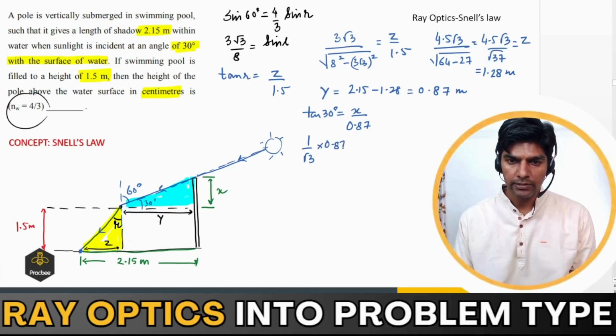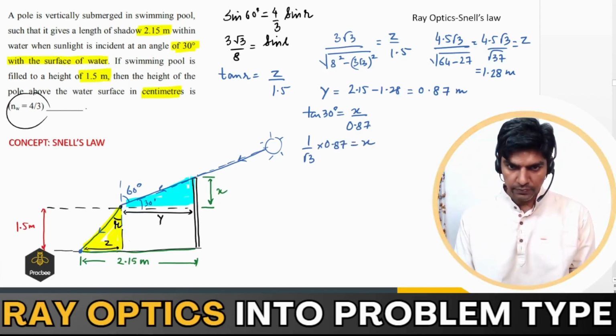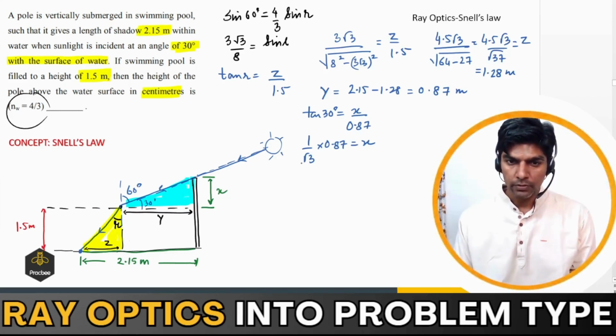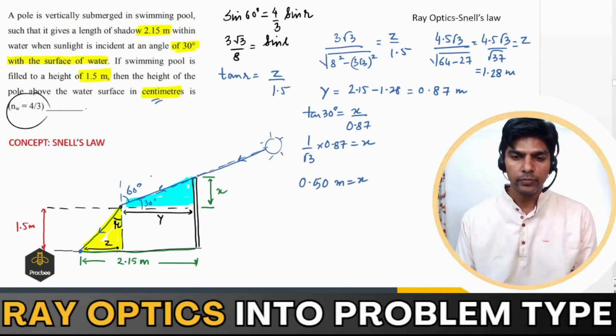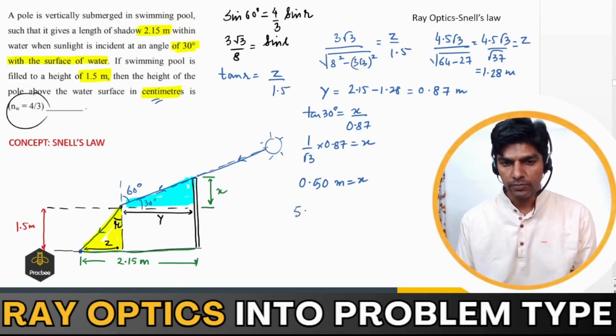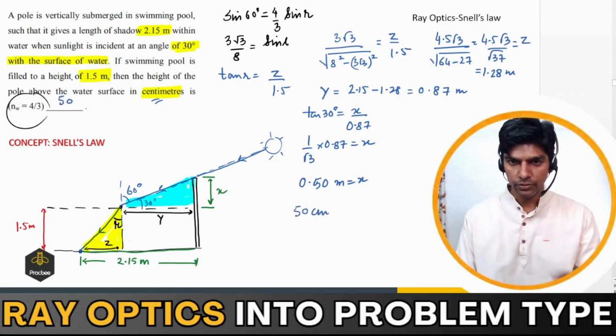So x will be 0.87 divided by root 3, which gives us around 0.50 meters, and we have to find the answer in centimeters. So multiply this with 100, and it comes out to be 50 centimeters. So 50 is the answer of this question.